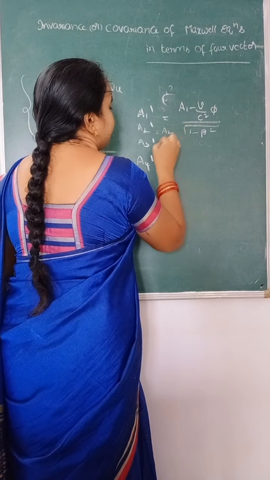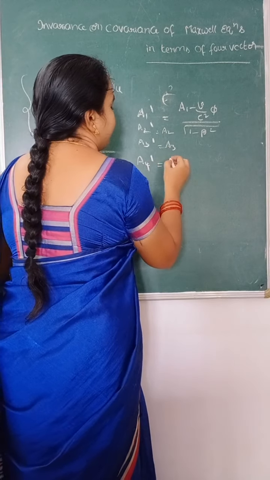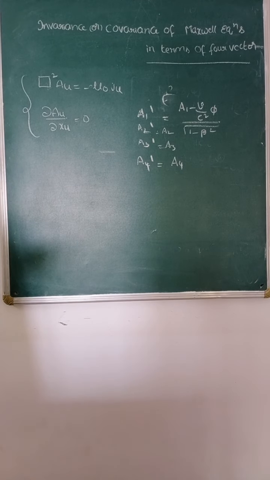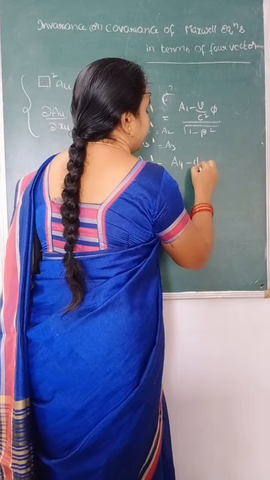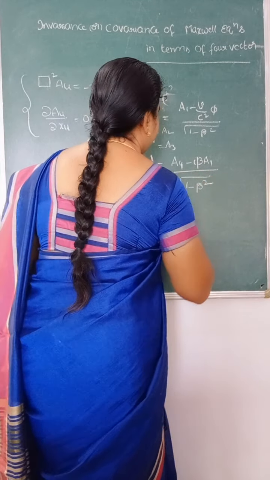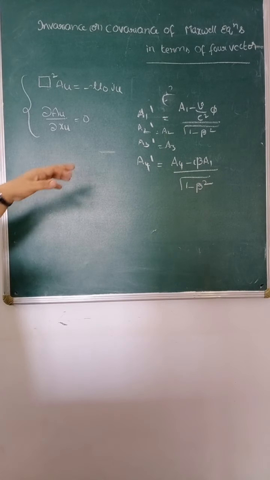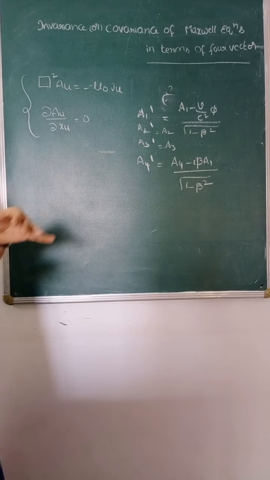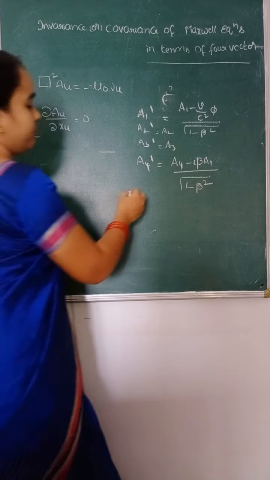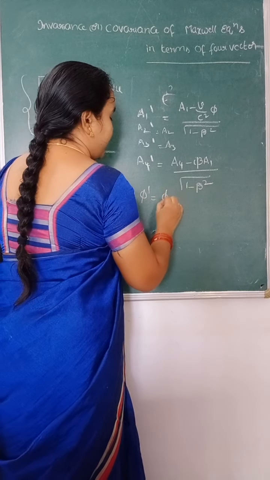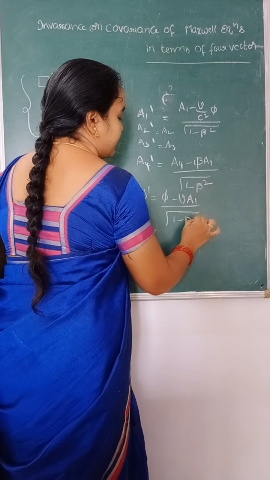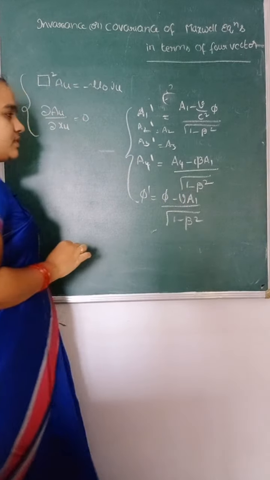A2 dash is the same, A3 dash is A3, A4 dash is A4 minus i beta into A1 by root of 1 minus beta square. So these are the magnetic vector potentials in another frame of reference. From the last equation we also found phi dash: phi dash is equal to phi minus V into A1 by root of 1 minus beta square. So remember these 4 terms.